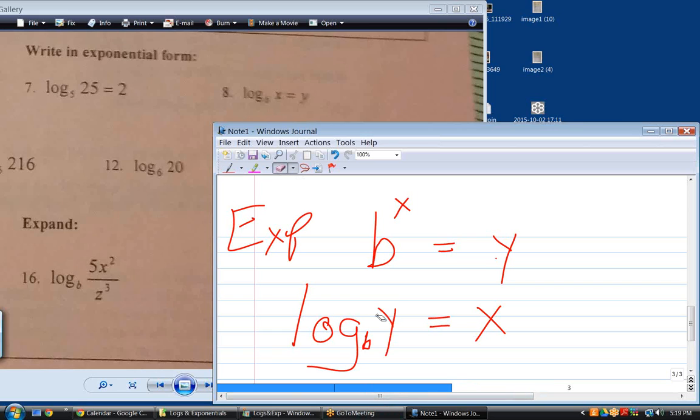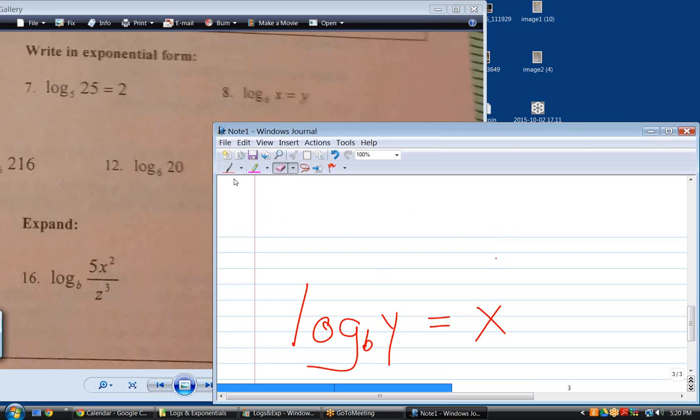You're never going to see a math problem like this. B is always going to be the subscript. I shouldn't say always. You may get somebody that tries to trick you. All three of these are variables, so they can go in whatever order I want.